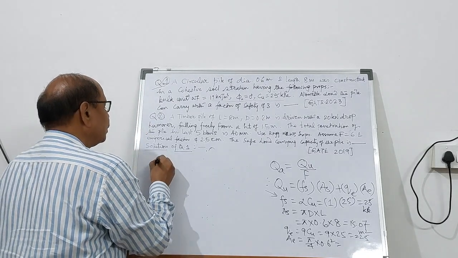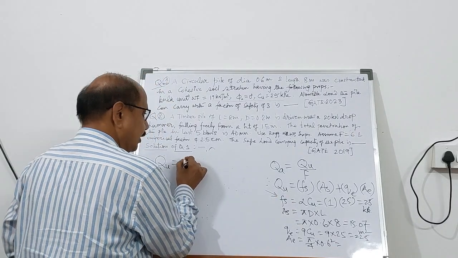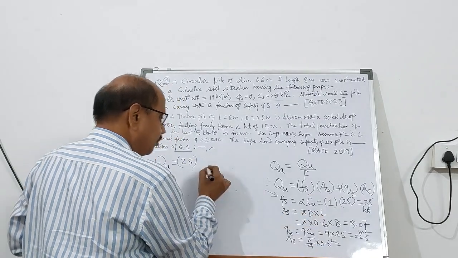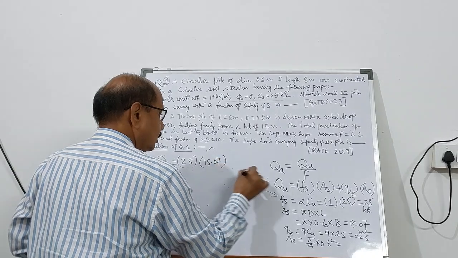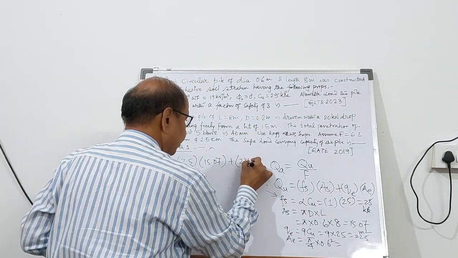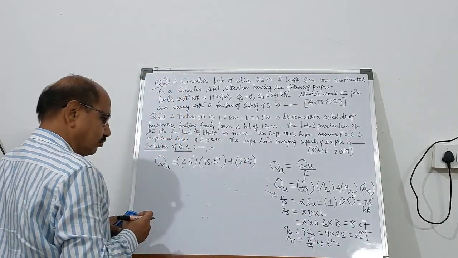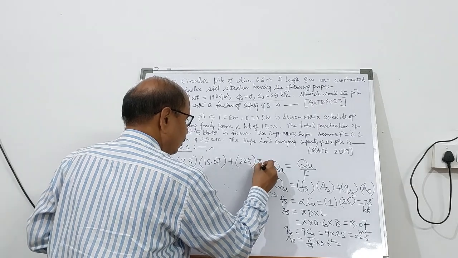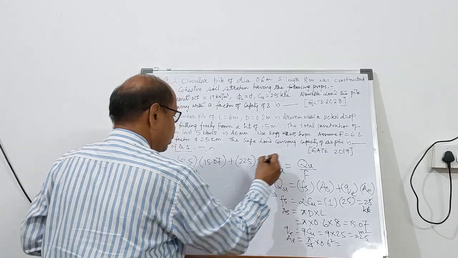So the ultimate load carrying capacity of this pile is going to be 25 multiplied by 15.07, plus QE, which is 225 kilopascal, and the area at the end, pi by 4 into d square, 0.6 whole square.